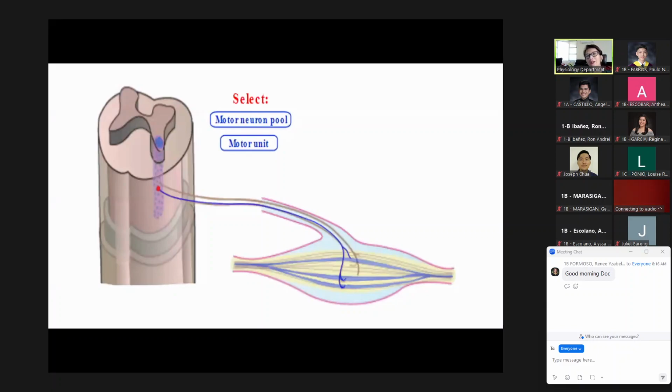There are so many terms for the same structure, which is confusing. Later on, we will refer to this as the alpha motor neuron, but it can also be referred to as the final common path. That's different again, but it refers to the same thing. Please remember all this.